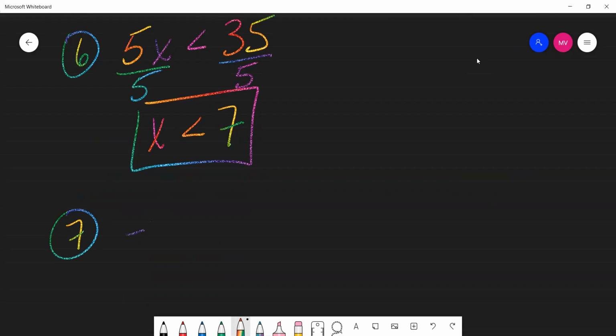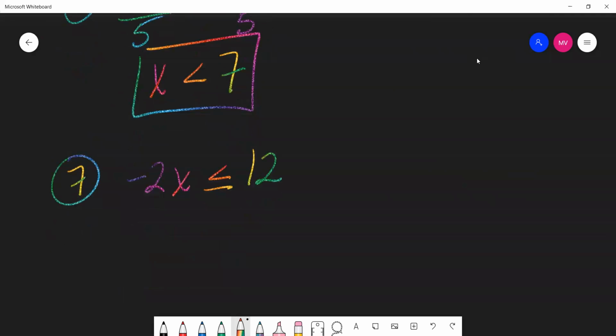Okay, number 7. So back to you, Eden. This one is -2x less than or equal to 12. So what do we need to do to isolate the x? Yes, so we divide both sides by -2. Now, this question is for the room. Do we need to flip our inequality? Do y'all remember this from yesterday?